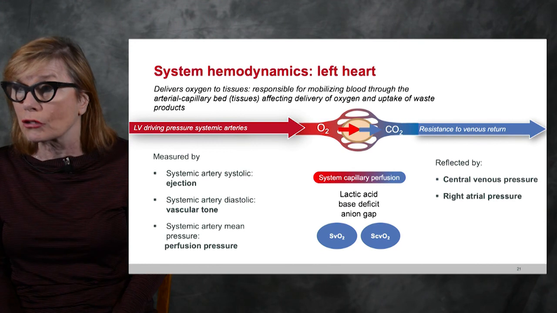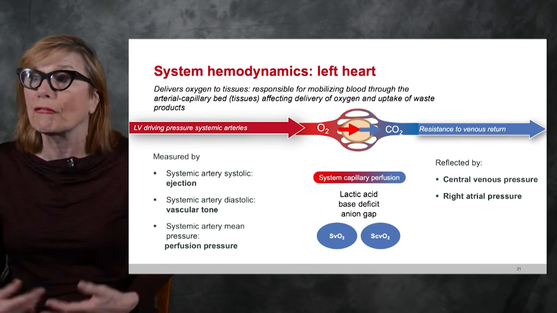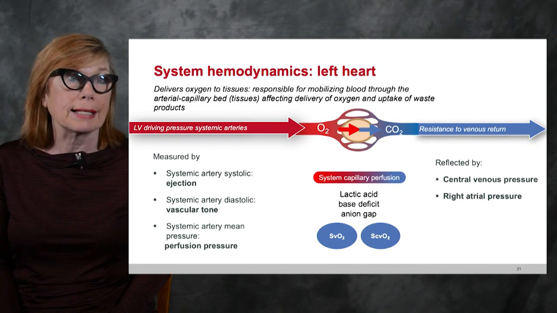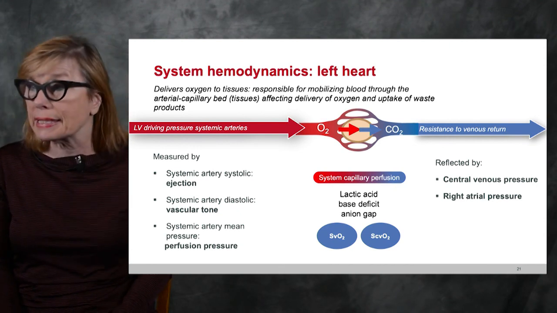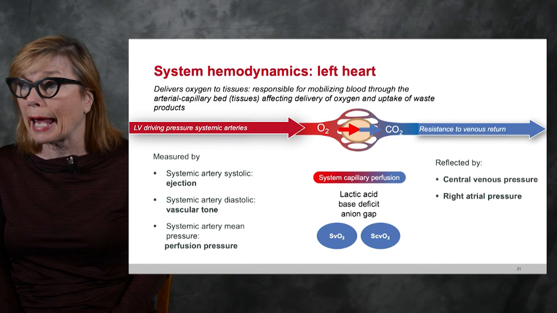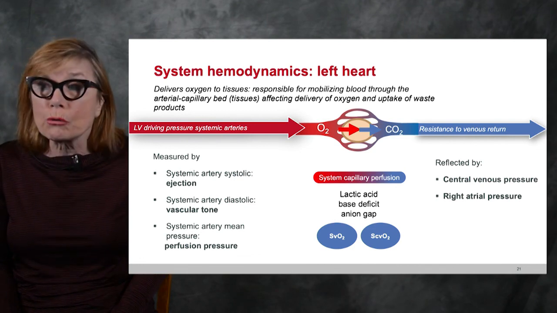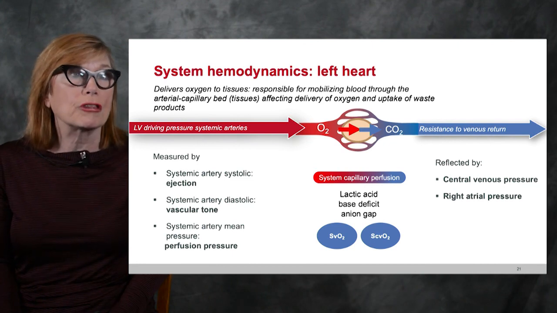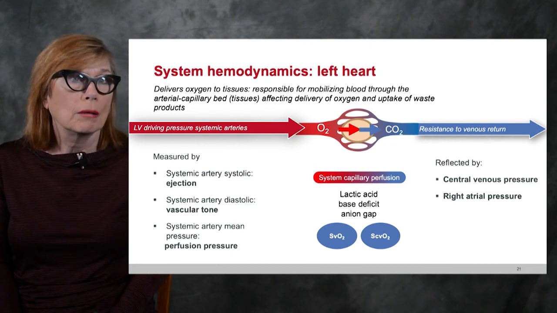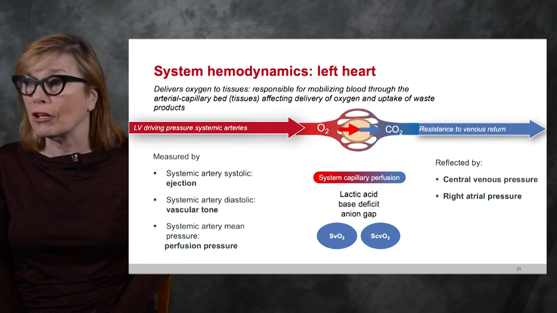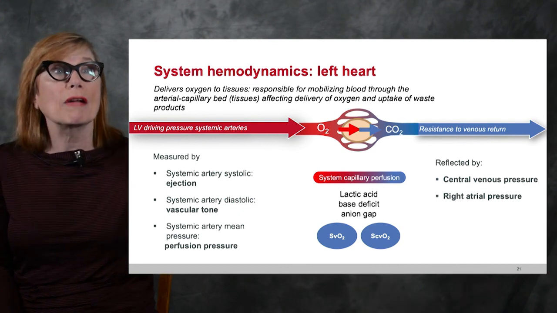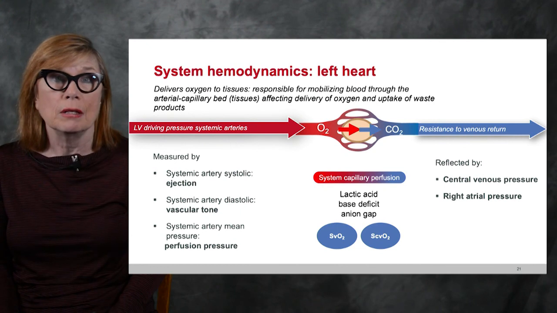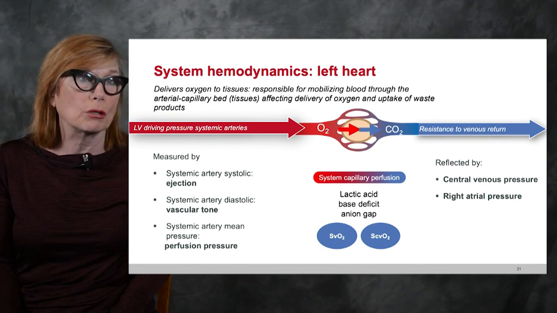Those indicators are indicators of the profundity of tissue metabolism: lactic acid, keto acid, base deficit, and anion gap. And post-cellular blood flow, we will measure the use of oxygen by SvO2 and ScvO2. And as that blood flows back to the right heart, we're going to look at the resistance to right heart filling as central venous pressure or right atrial pressure.